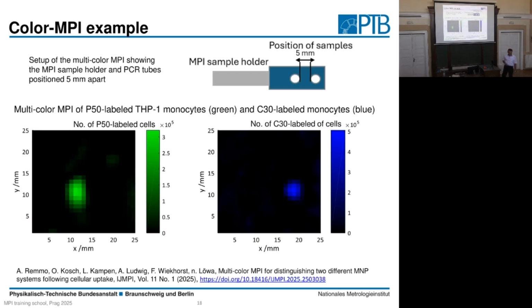Here we have an example. We have 2 samples of THP1 monocytes. One was treated with Synomag P50, the other one with Synomag C30.